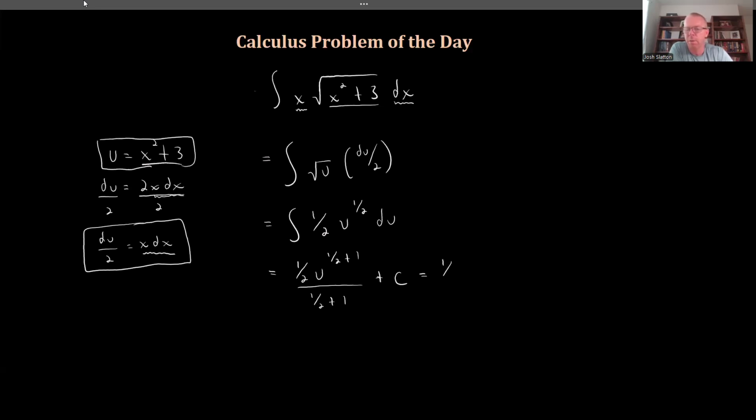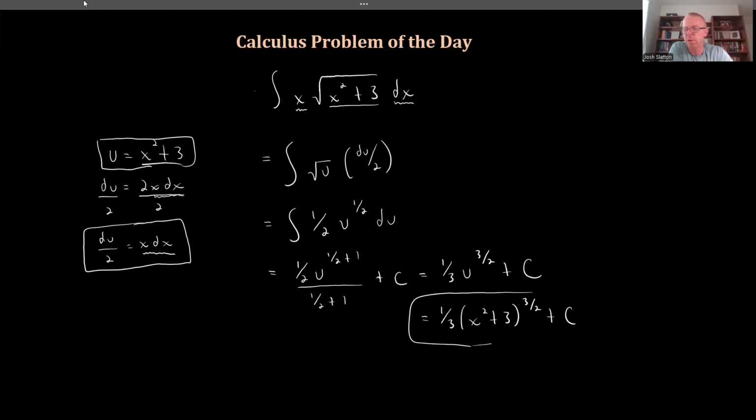That is 1/3. U to the 3/2 plus c. Now we need to substitute back. So the u is x squared plus 3. So let's put that back in. 1/3 x squared plus 3 to the 3/2 plus c. And then that should be our answer.